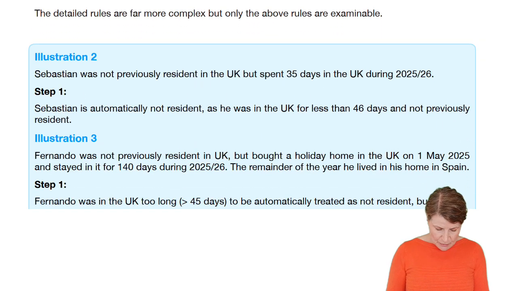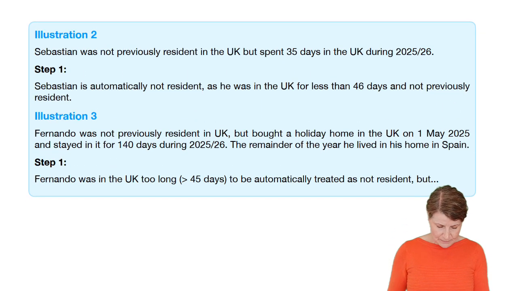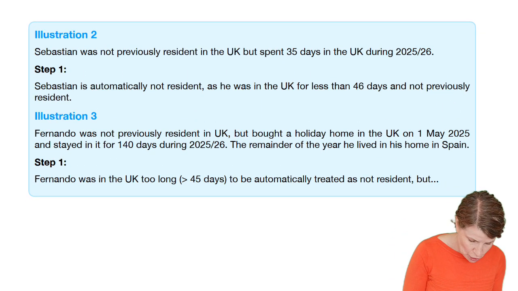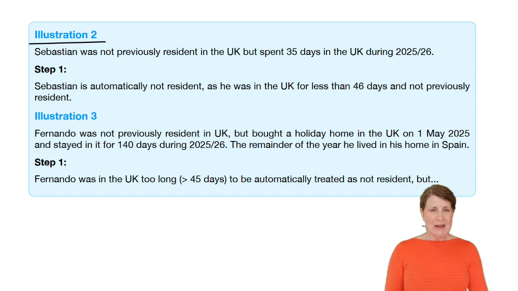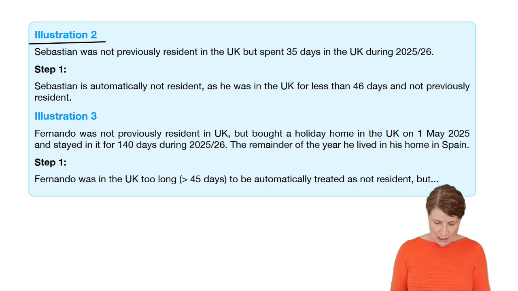So let's have a look at a couple of illustrations. So I've got illustration 2 here. And we're told that Sebastian was not previously resident in the UK, but spent 35 days in the UK during 2025-26.